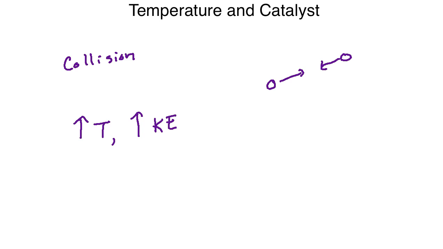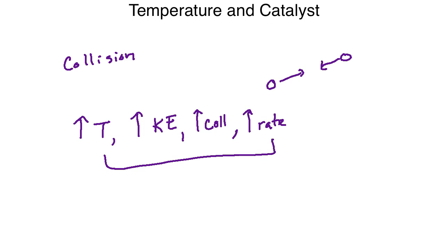Now, if we increase the kinetic energy, that is also going to increase their movement, which is going to increase the number of collisions. So the collision rate is going to go up as we turn up the speed on these molecules and provide them with more kinetic energy. What's going to happen if we have an increased number of collisions? That is going to lead to an increase in rate. So that is how temperature can directly affect rate, based on the kinetic energy and the collisions that are occurring in solution.